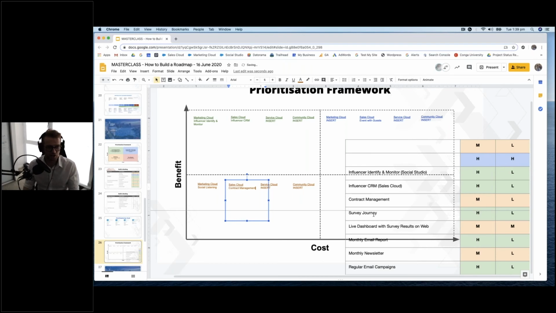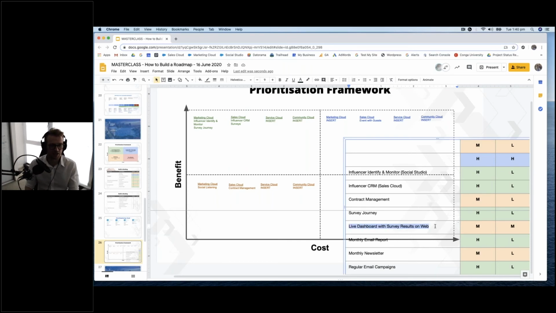And then survey journey is a low-hanging fruit, and where do we put that? It's sometimes a combo, but we're going to put that in Sales Cloud at the moment. Oh no, sorry, Survey Journey, that's in Marketing Cloud because it's a journey. Sorry, surveys often sit in Sales Cloud. So I'm just going to put that there because it is a strategic element required to do a survey. Journey is to have a survey.